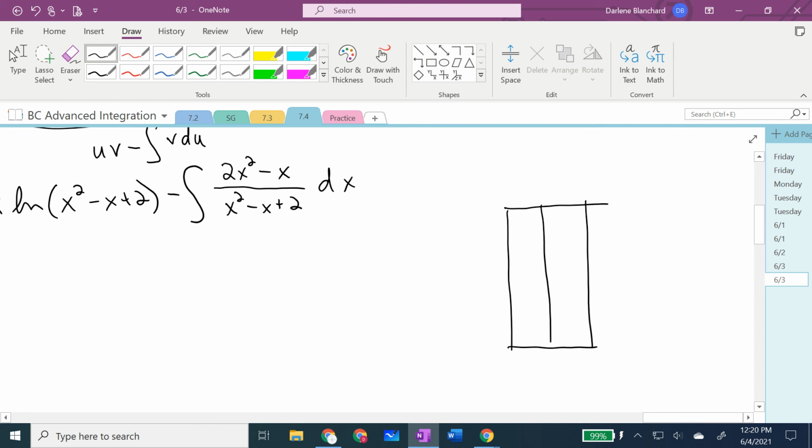I am dividing by x squared minus x plus 2. My dividend begins with 2x squared. And then I have to determine x squared times 2 gives me the 2x squared.